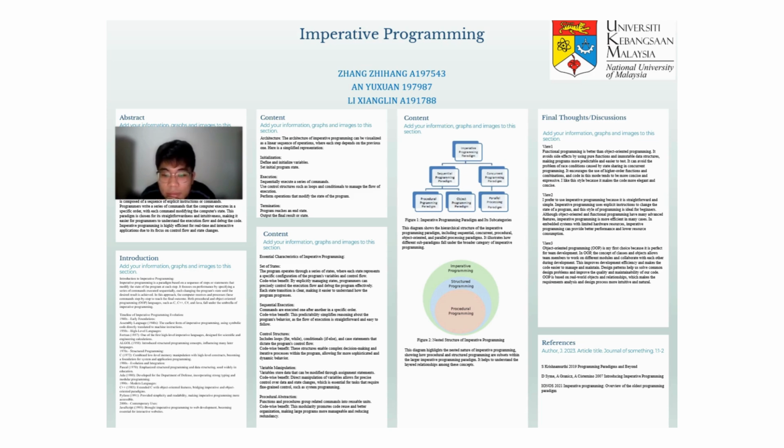Figure 2. This diagram highlights the nested nature of imperative programming, and shows how procedural and structured programming are subsets within the larger imperative programming paradigm. It helps to understand the various relationships among these concepts.